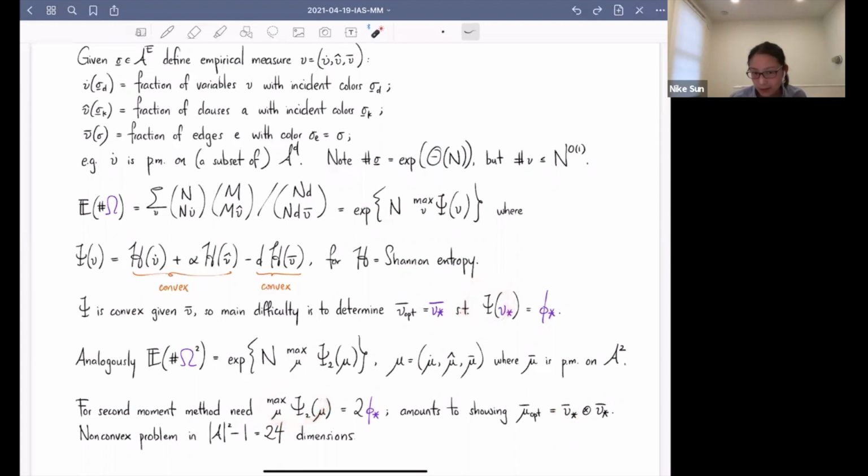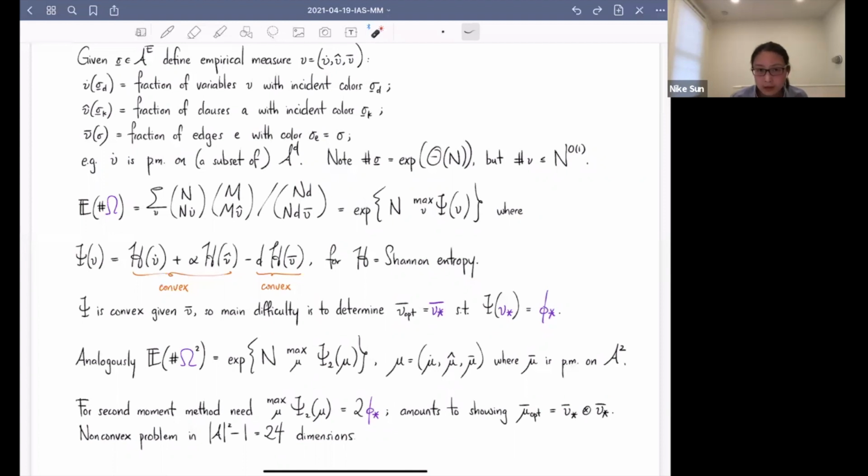And they're explicit functions, but they're not very nice. So for example, in the second moment, you have an optimization over something like 24 dimensions. So it's not a very high dimensional problem, but it's certainly enough dimensions that it's not clear how to do it.